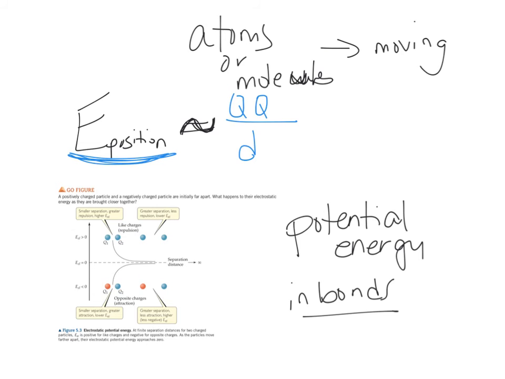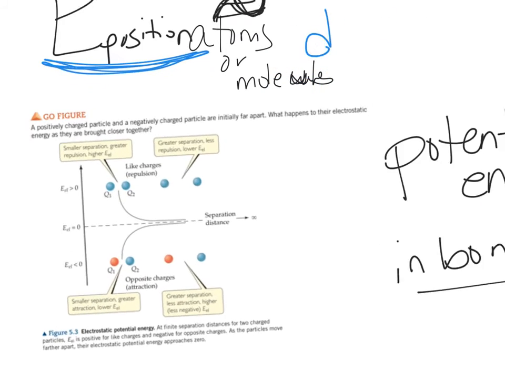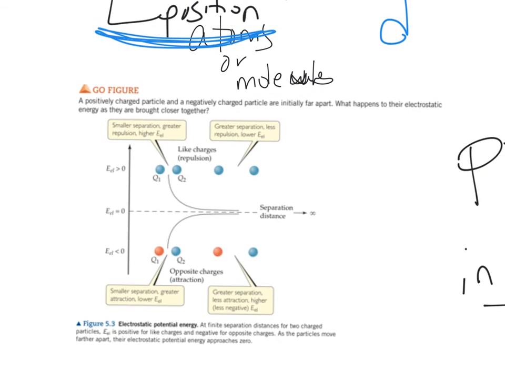We can see in this diagram down here that, if we have two of the same charges, as they separate, as the distance between them becomes greater, then there is less repulsion between them, so that our energy will go down.